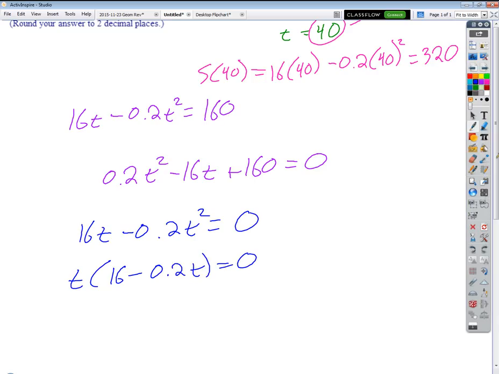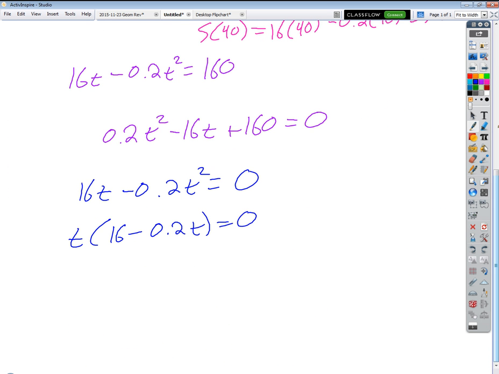Well, what are my two solutions to that? Either t equals 0 or t equals what? 16 divided by 0.2, so 320? Is that right? No, 80. Whoops. Same thing. Okay. Right?